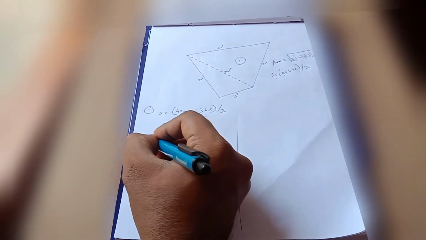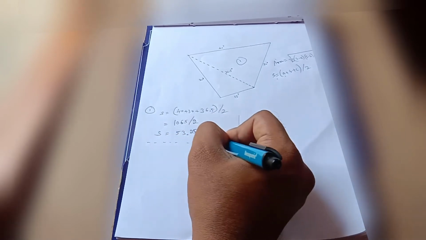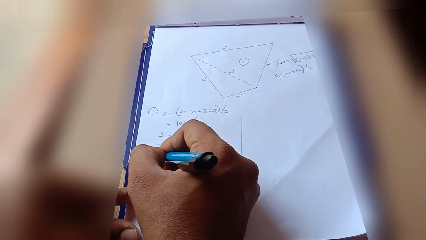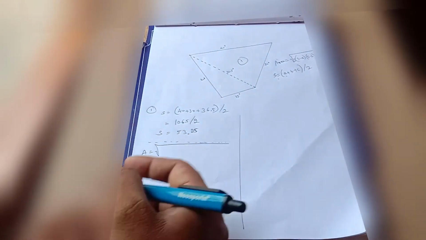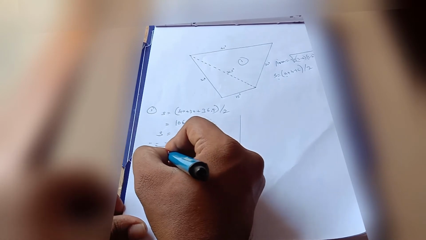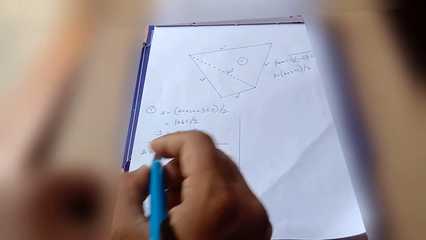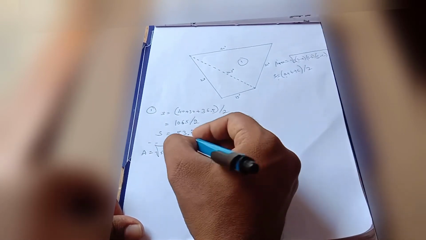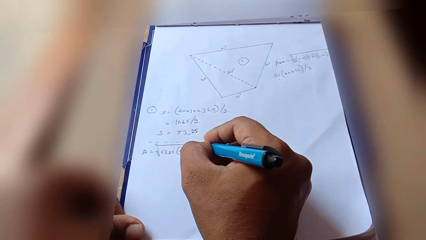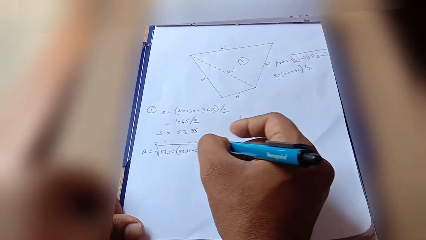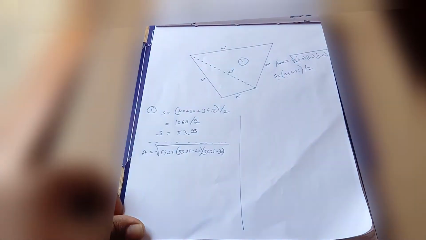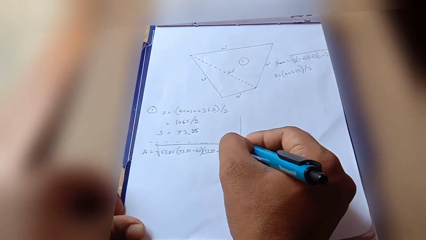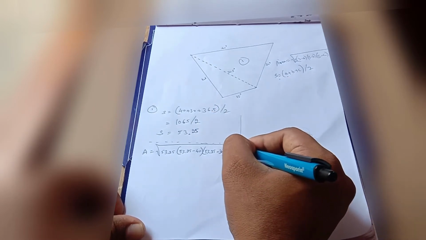Now we can calculate the area of this first triangle. Area is equal to the square root of s, where s is 53.25, into (s minus a), which is 53.25 minus 40, into 53.25 minus 30, into 53.25 minus 36.5.